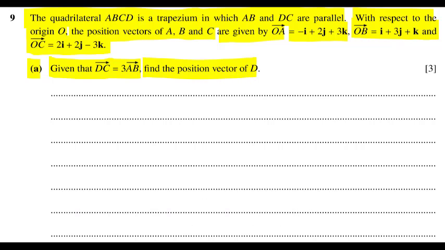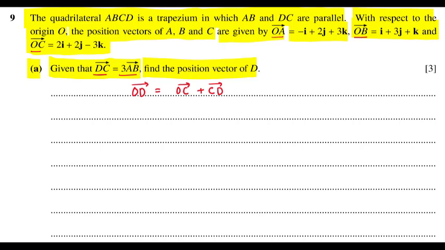So, position vector of D means OD vector. Ultimately we need to find OD vector. It's our wish how we can go from O to D, and obviously we will find a path which is known. We can directly go from O to C, and then from C to D. We have OC vector, and though we don't have CD vector, we have DC vector as 3 times AB vector, and since we have the position vectors of A and B, we can find AB vector easily.